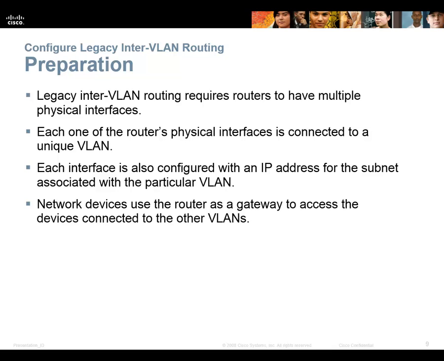You can think about legacy VLAN as being just like regular routing. If you had several switches each run into ports on a router and each switch had its own subnet, that's basically what you would do with legacy VLAN. The only difference is that they're VLANs, so they're on one physical device instead of separate physical devices.